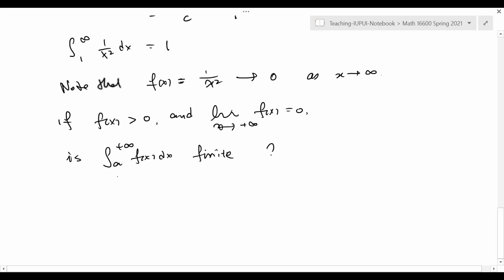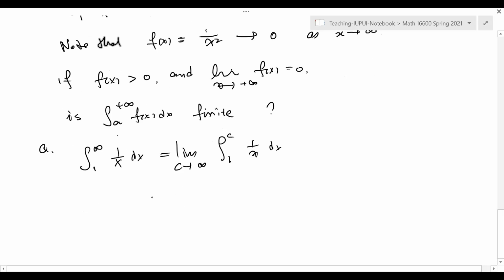Okay, let's take a look at another example. Let's consider this one. First of all, this is the limit as c approaches infinity of the integral from 1 to c of 1 over x dx.